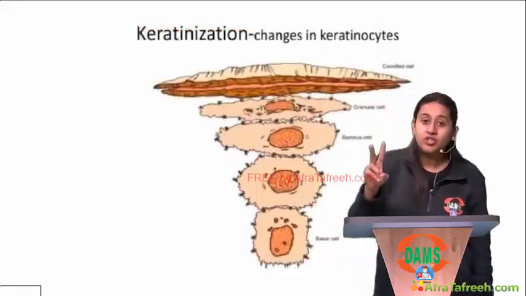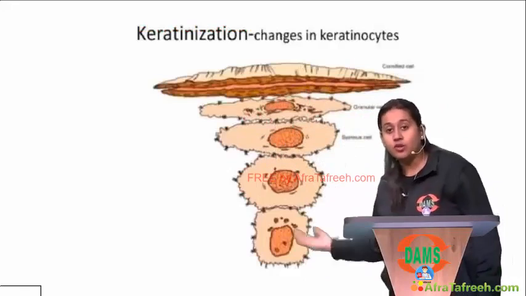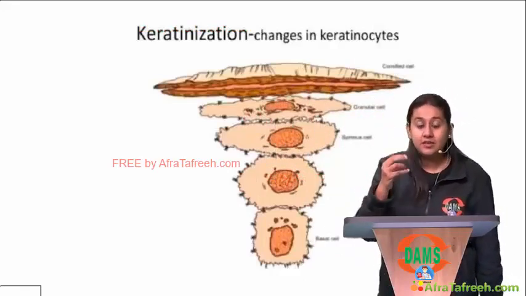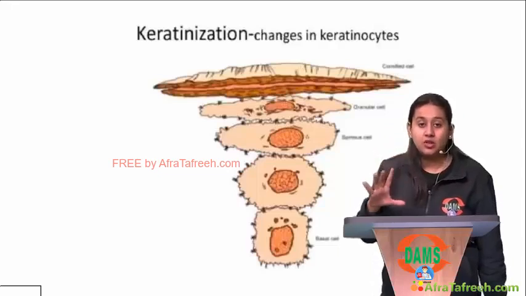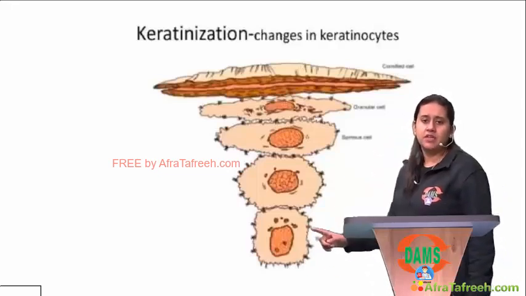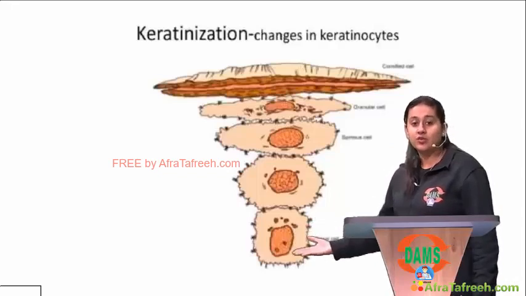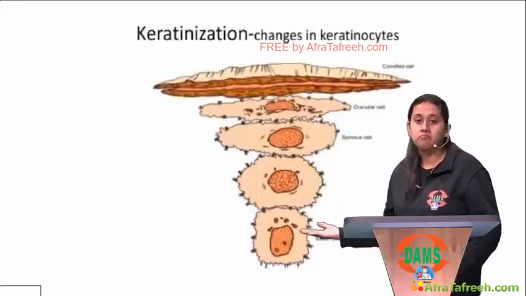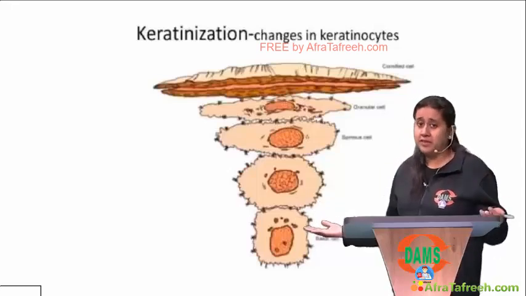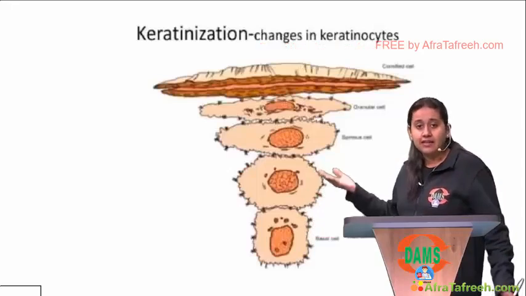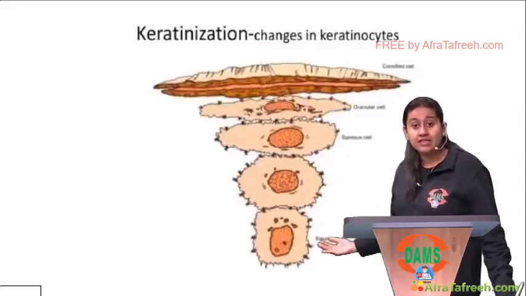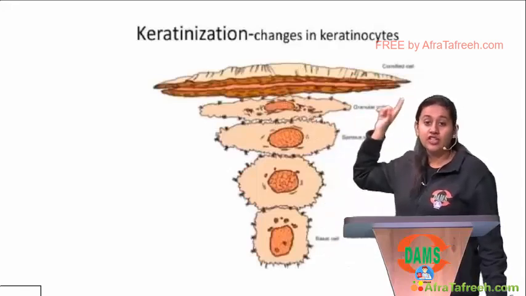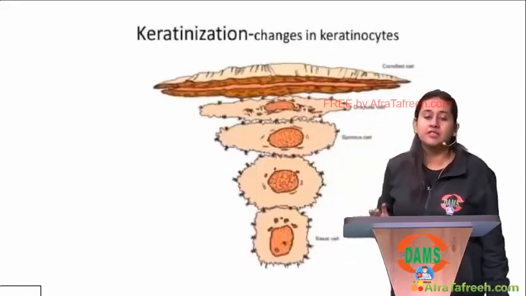So there are two changes which you see when a cell moves from the lower layer to the upper layer. One is change in the shape. Second is loss of intracellular organelles. Can you observe this? In the lowermost layer you can see that there is a nucleus, and there are some other intracellular organelles like Golgi body, endoplasmic reticulum, etc. Now as the cell moves upward, these organelles are lost, such that when you reach the stratum corneum, even the nucleus is missing.